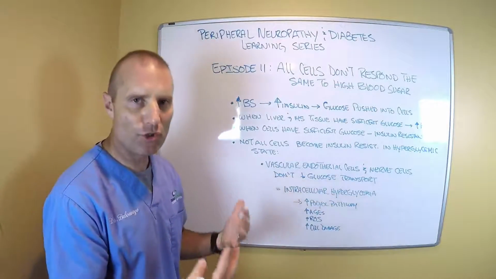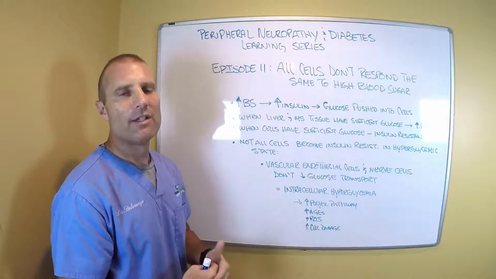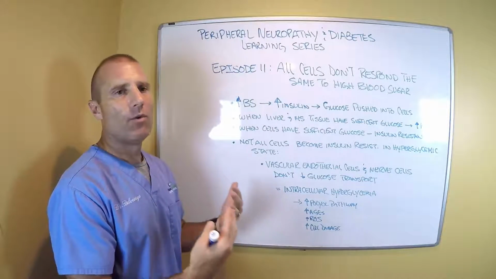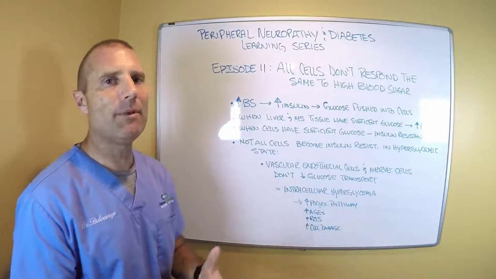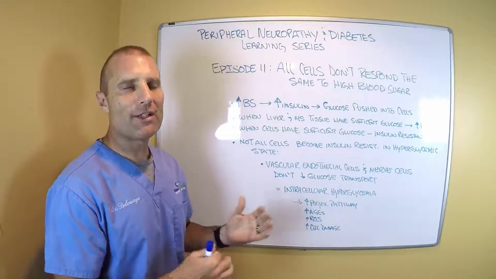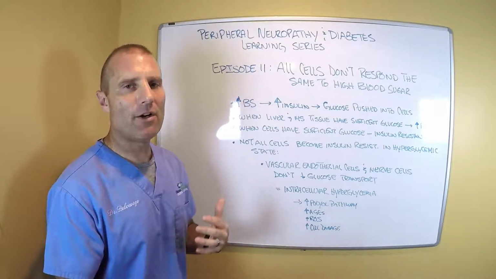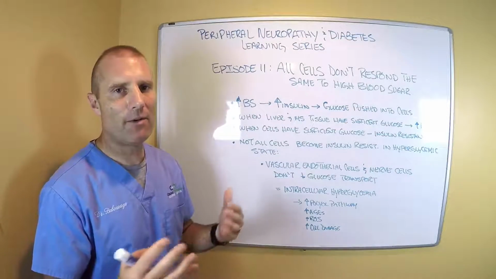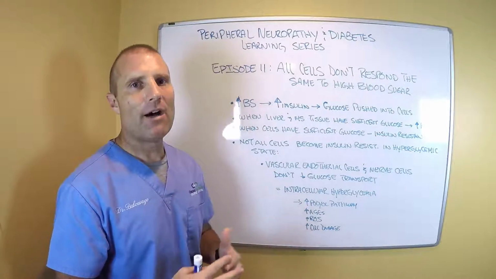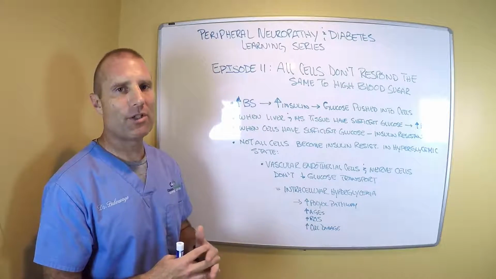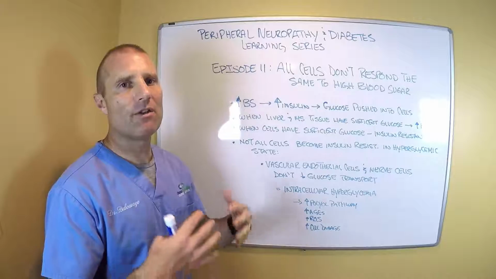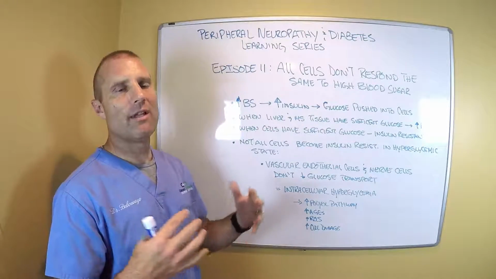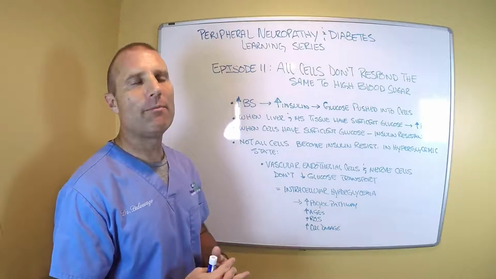So that means more sugar pours into the cells. If it's a neuron or a blood vessel, as more sugar gets into the cells and that sugar can't be used appropriately, it gets diverted to that polyol pathway we've talked about. The polyol pathway increases alcohol production, and that alcohol production and the other polyols cause increased reactive oxygen species, increased inflammatory damage, and increased advanced glycated end products.